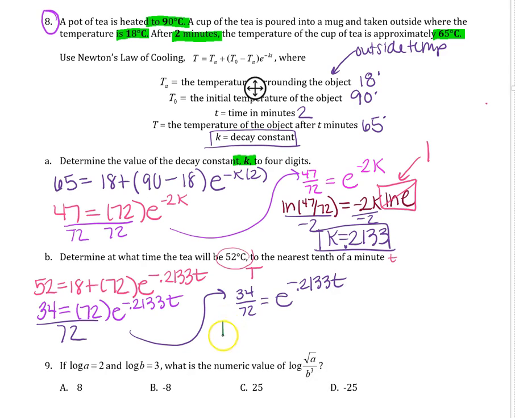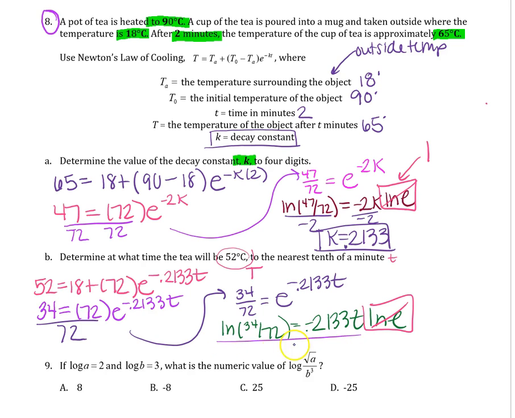I'll take the natural log of both sides because of that base of e. And then, like I said before, the natural log of e is 1, so I can ignore that there. So my last thing I have to do is divide everything by negative 0.2133, and that will have me solve for t.